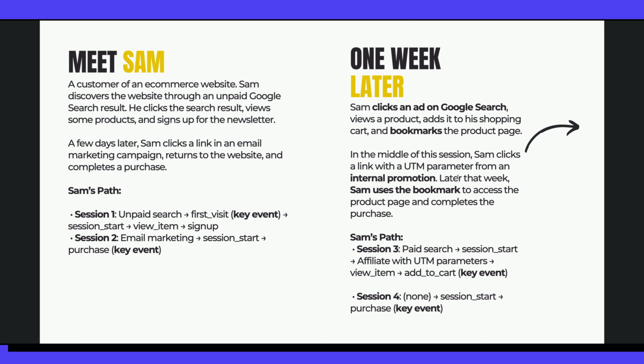So let's open the dimension from the right-hand side menu, and let's add source medium and campaign. You can also add anything else that you'd like, such as the source itself alone and the medium. Let's hit apply.